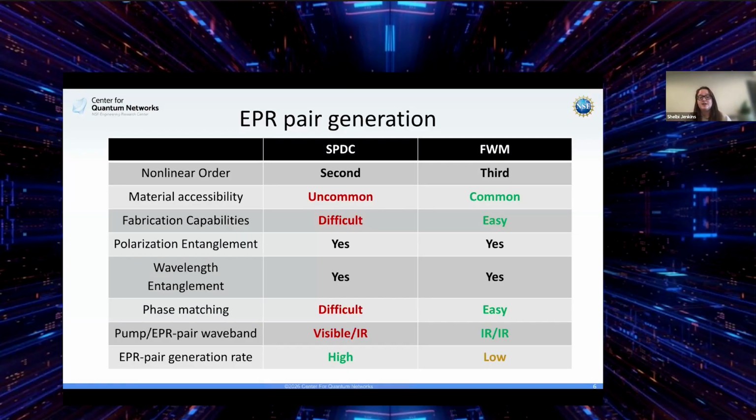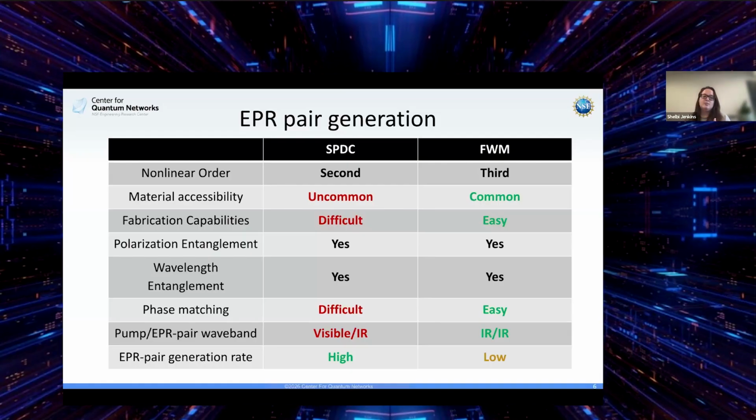And being able to phase match for Chi2 materials, or second-order materials, is a lot more difficult. You have to be a lot more precise. So getting that SPDC output that you're looking for is a lot more difficult, versus with third order, the phase matching is very easy and can be done over a very long distance. So getting that process to work is a lot simpler.